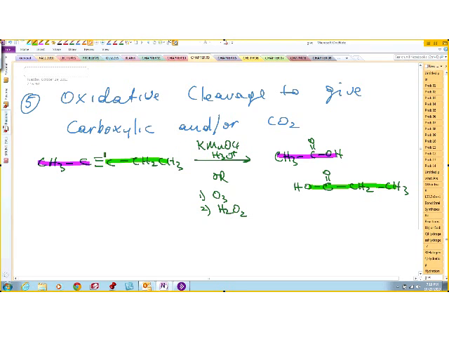What this reagent will do is to cleave the carbon-carbon triple bond so that you get carboxylic acid. Now, if you have a terminal alkyne, you will get a combination of carboxylic acid and carbon dioxide.